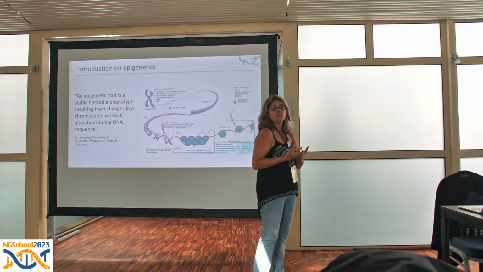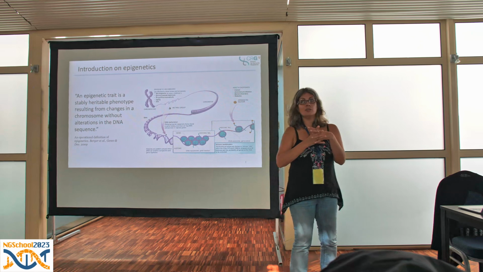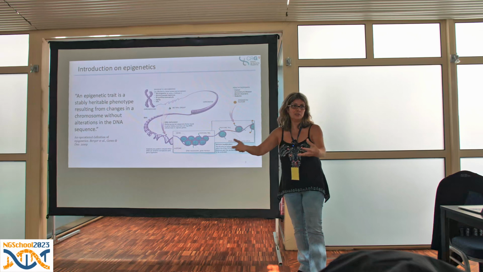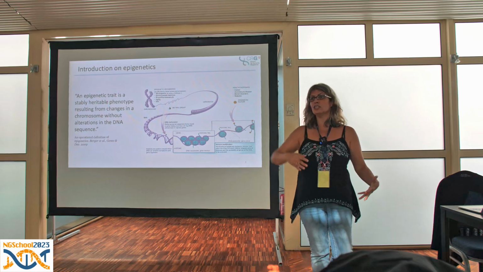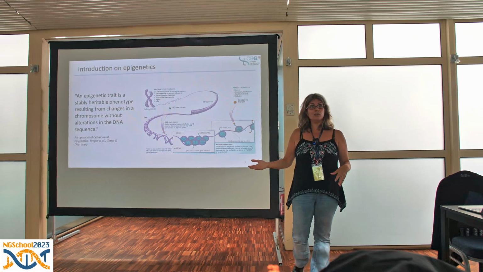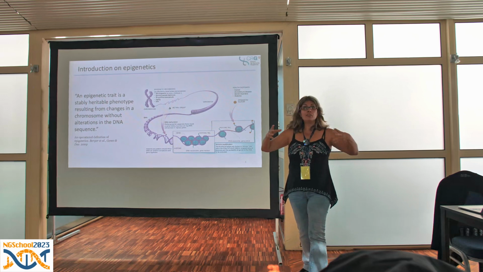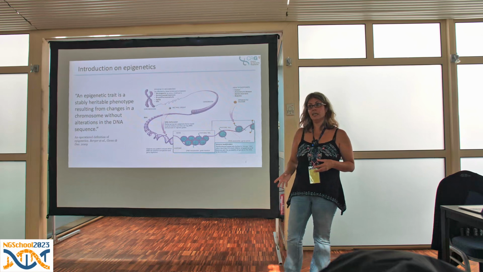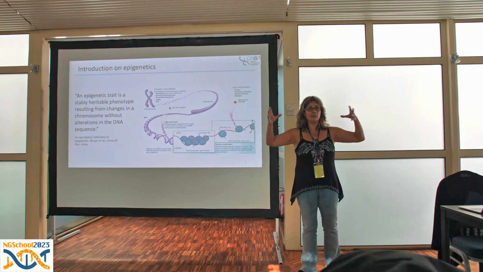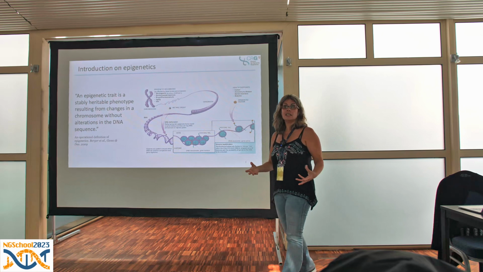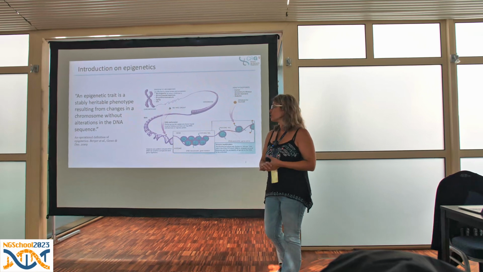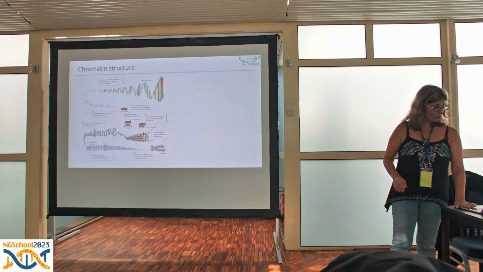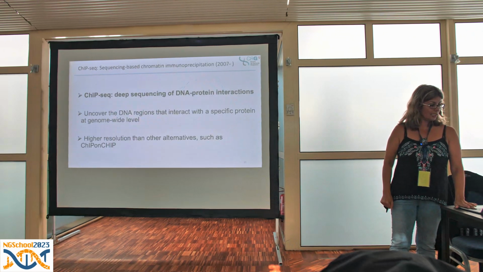The most common example is enhancer-promoter interactions. We know that enhancers, in principle, need to interact with the promoters to promote their expression at a particular tissue or in a particular moment during a process. But apart from that, these are not the only interactions. There are higher structure chromatin features that can also be analyzed with these technologies. But today, we will focus basically on this technology that I told you, that is the ChIPseq.